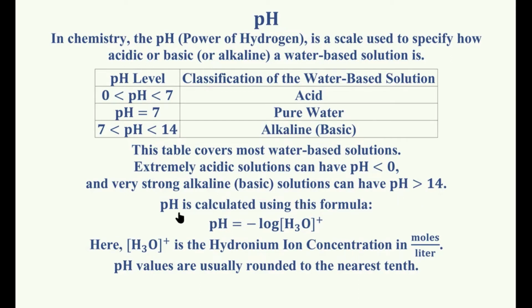So we calculate pH using this logarithmic equation. We have pH equals negative log of this complicated looking thing. It's basically just H3O, and then we have a plus up there. This here is called the hydronium ion concentration. The units we use for that is moles per liter.